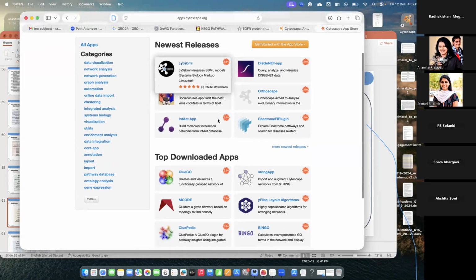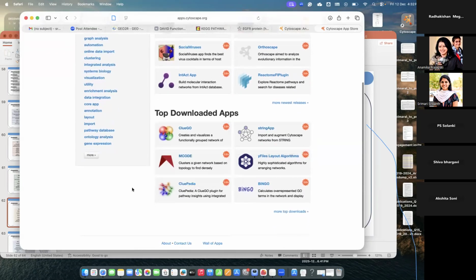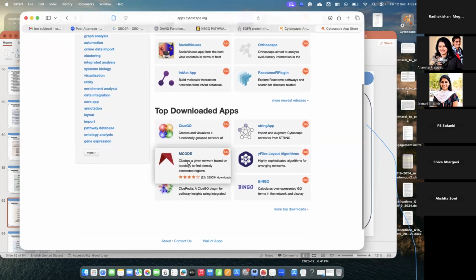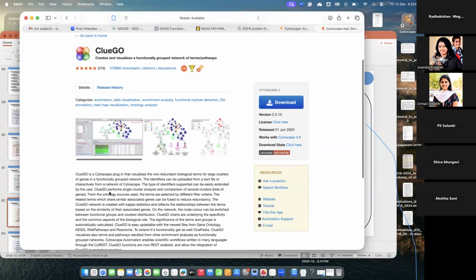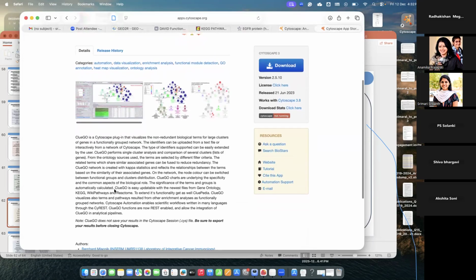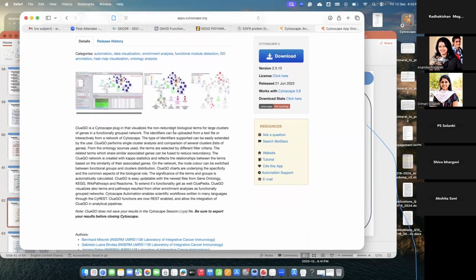For example, if I choose top downloaded, it's ClueGO and stringApp. So this ClueGO is a Cytoscape plugin that visualizes the non-redundant biological terms for a large cluster of genes which are functionally grouped together.